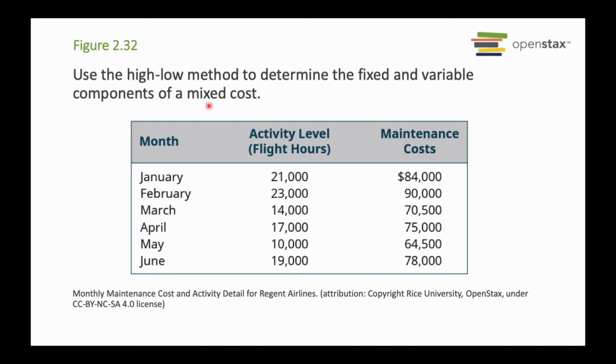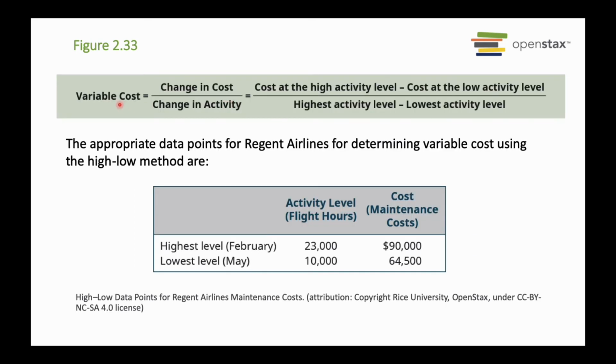We have the same data now, except that we want to use the high-low method to determine the fixed and variable components of a mixed cost. With the high-low method, we use this formula: variable cost per unit is equal to change in total cost divided by change in activity. And how do we measure the change? Firstly, in the numerator, the change in total cost is the cost at the highest level of activity minus the cost at the lowest level of activity, and the change in activity is measured as the highest activity level minus the lowest activity level.